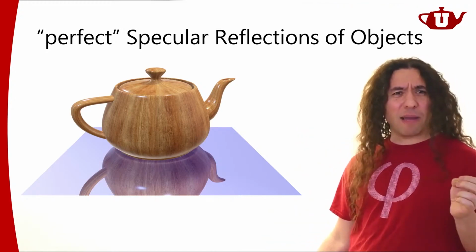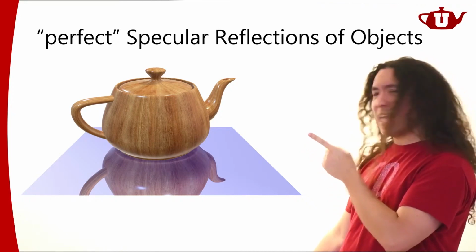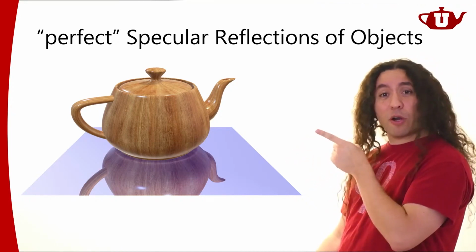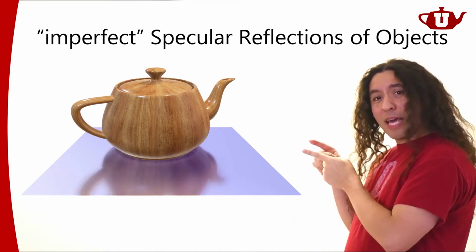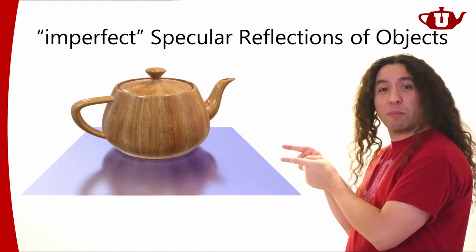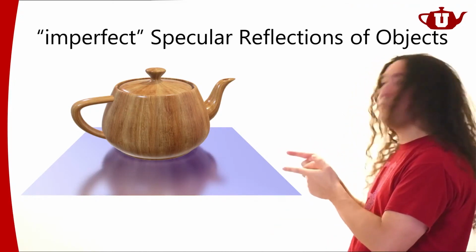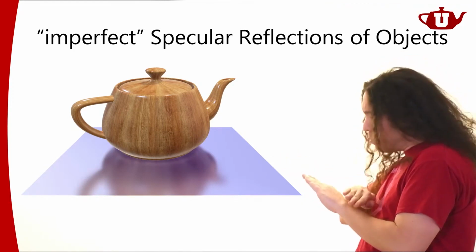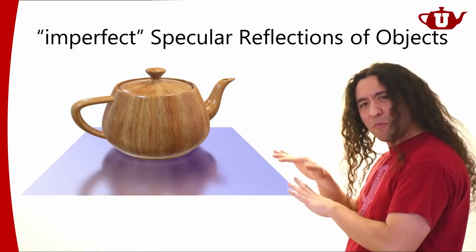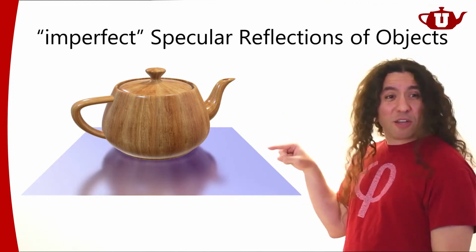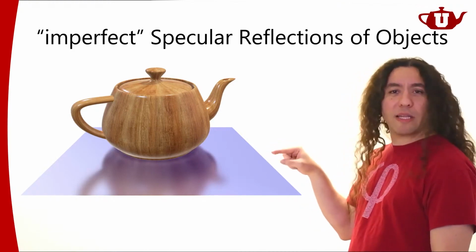So what do I mean by perfect? What would happen if these were imperfect reflections? They could look like this. They could be blurred a little bit, right? For most surfaces, if the surface is not perfectly smooth, if there's some roughness to it, the reflections off of that surface are going to get blurred a little bit.